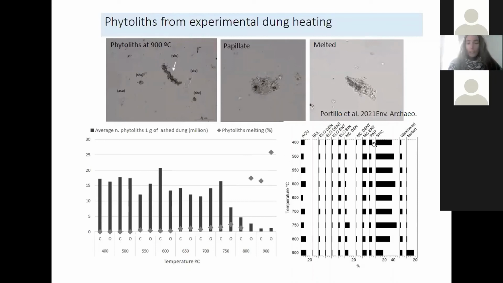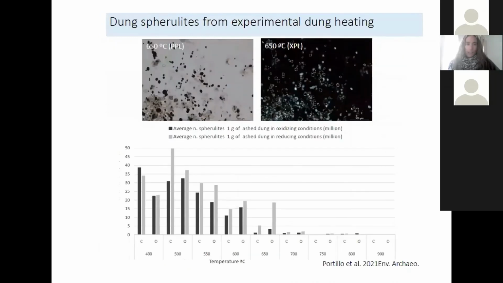We're not going into detail because it's kind of too late. And for the dung spherulites, the heating also affects them differently. They are more sensitive to high temperatures. They disappear at temperatures around 700, 800. At 900, they are completely calcined, completely disappear. And here you have the compositions for the cattle, for the cows, and for the ovicaprines.